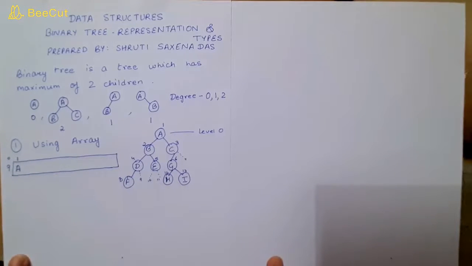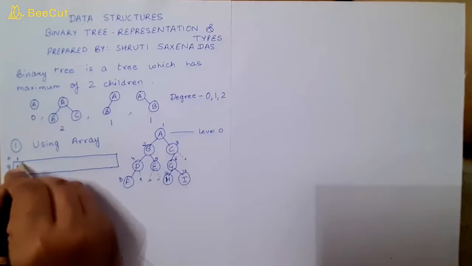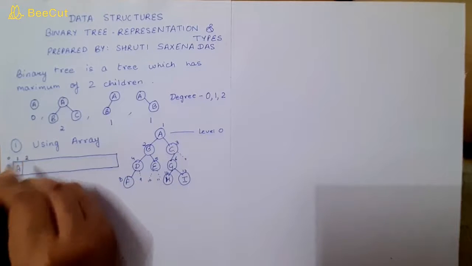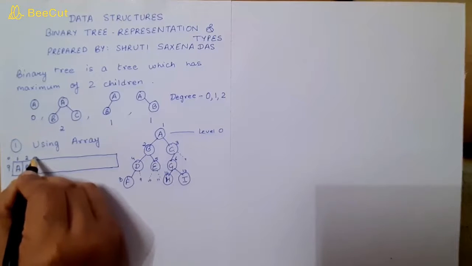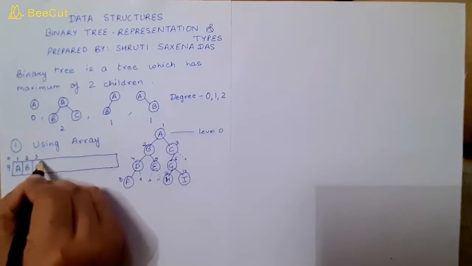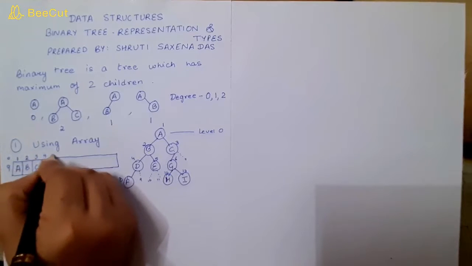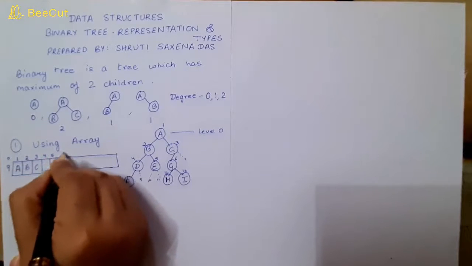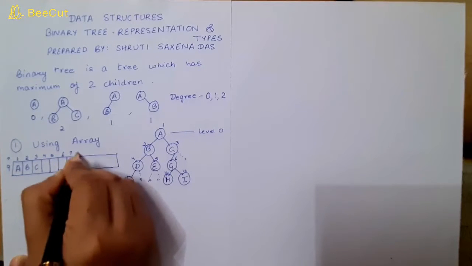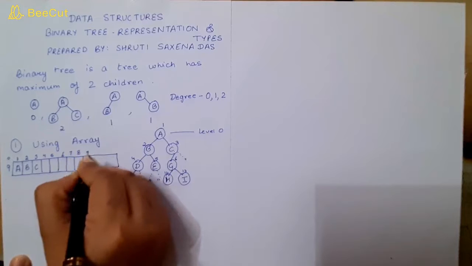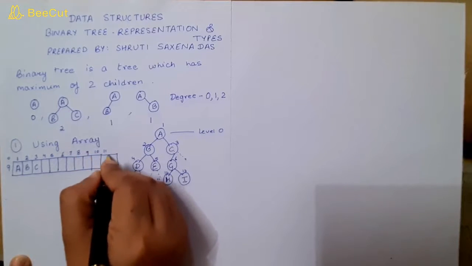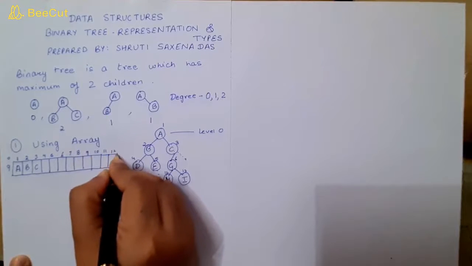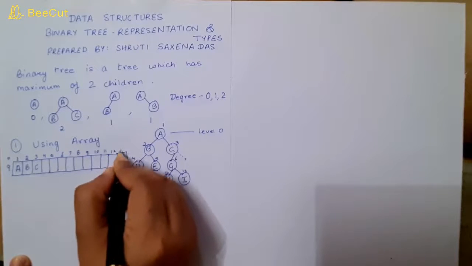Now at 1 we are storing A, at 2 you have to store B, at 3 you have to store C, then 4, 5, 6, 7, 8, 9, 10. We have given numbers up to 13, so I'm writing till 13.